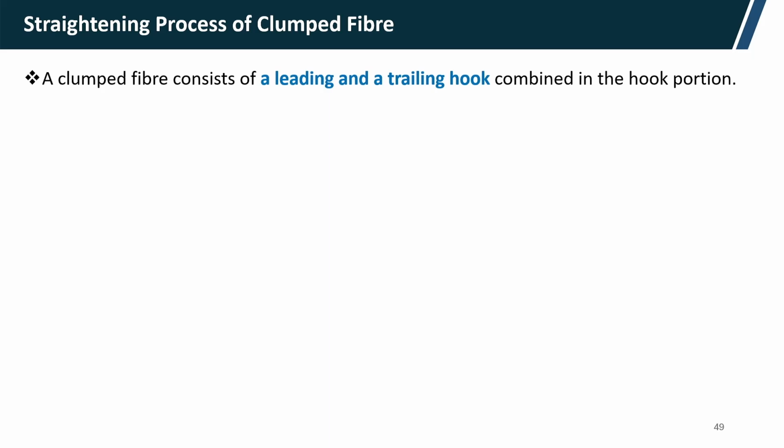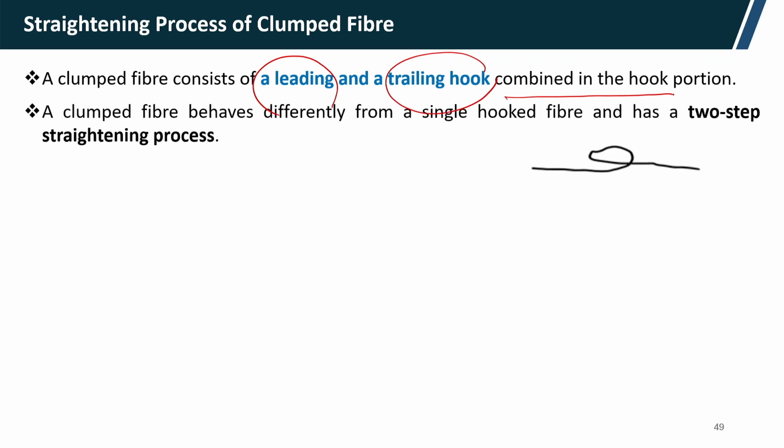A clumped fiber consists of leading and trailing hooks combined in the hook portion. So this is the leading and then it will be trailing. So this is the clumped fiber.